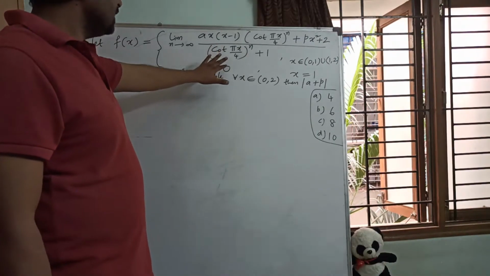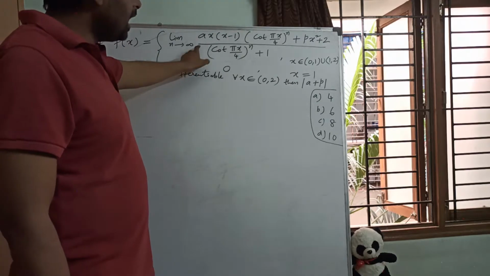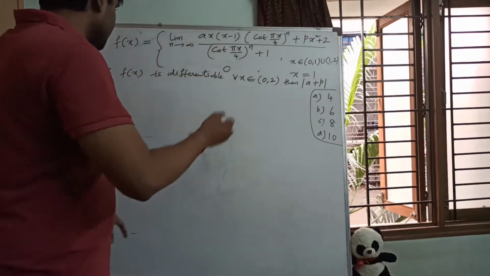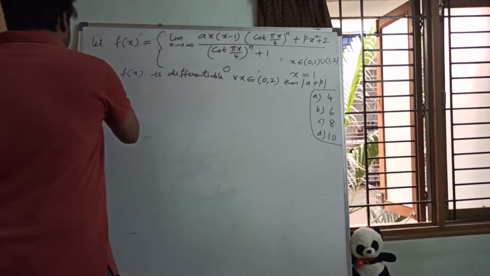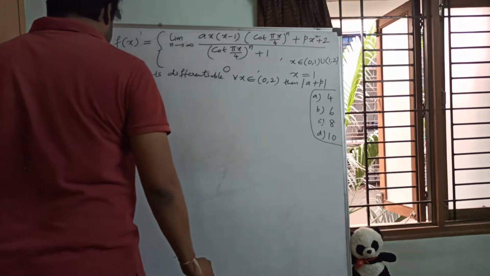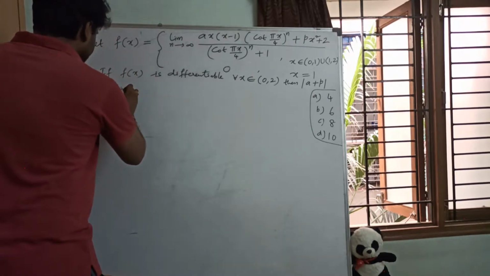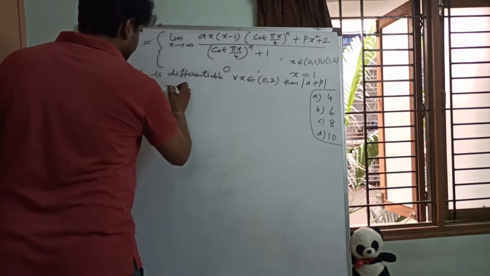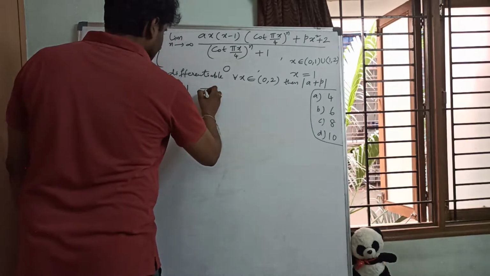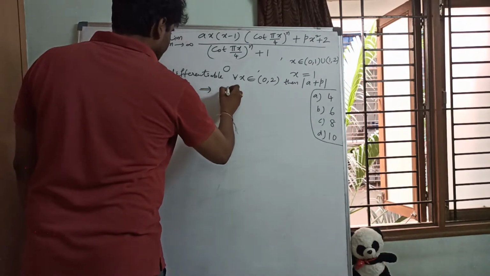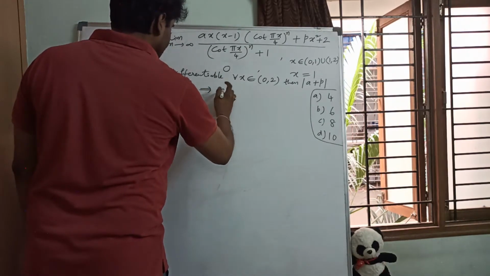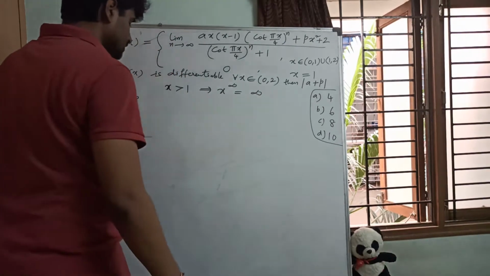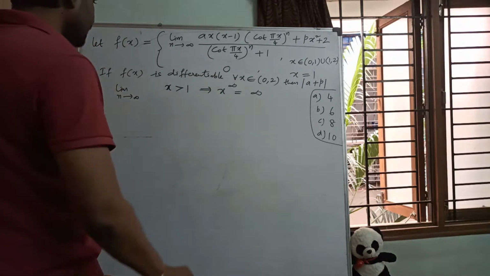Before that, we have to see how this function changes whenever n tends to infinity. This is the common point we need to understand. Generally, whenever limit n tends to infinity for x greater than 1, x power n tends to infinity.